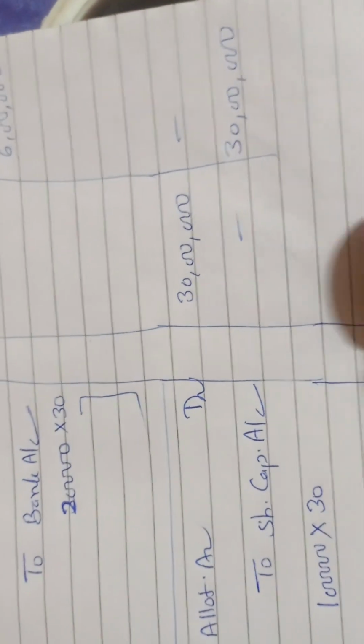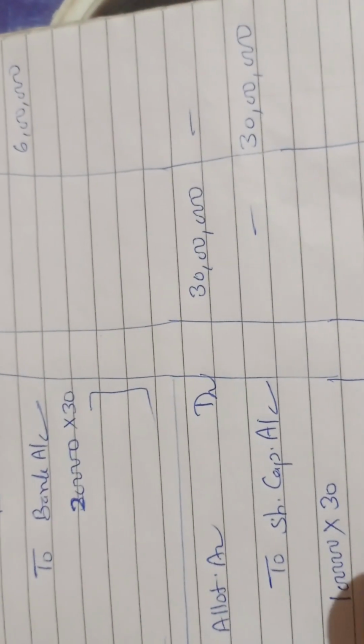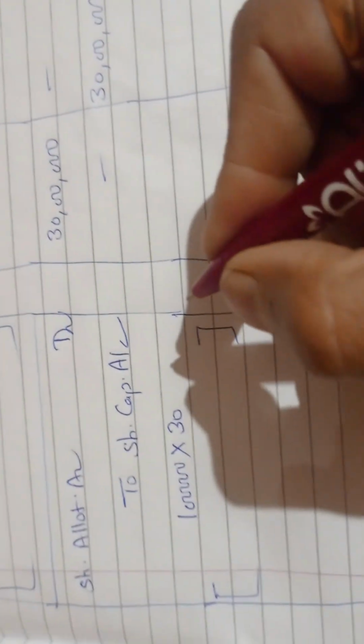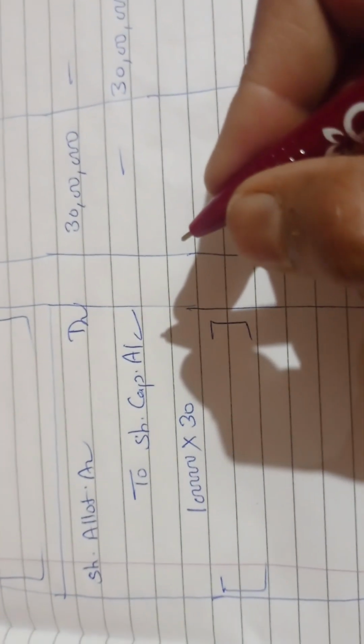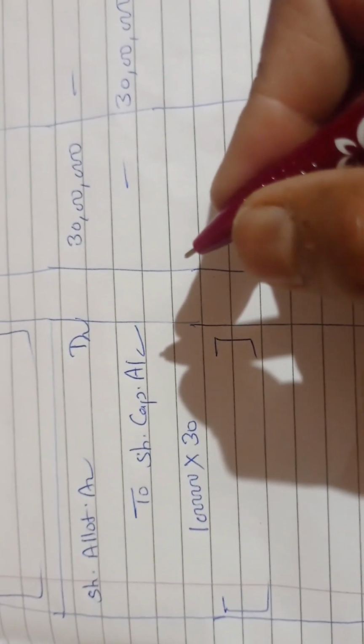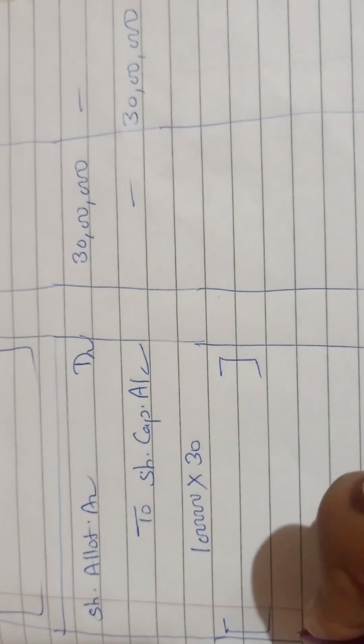Now your narration is very simple: allotment money due on 1 lakh shares.